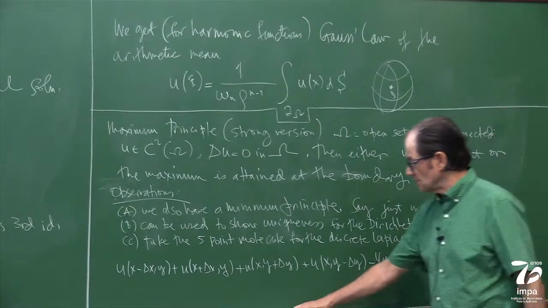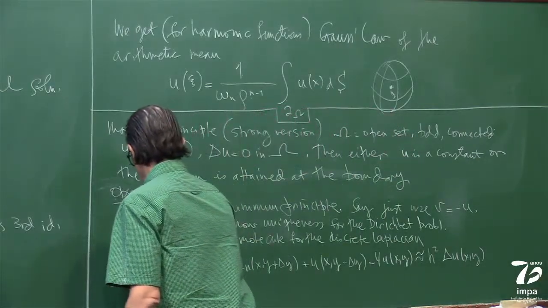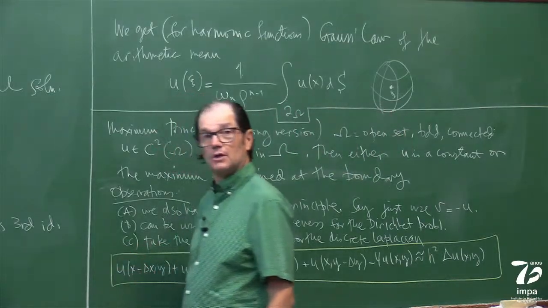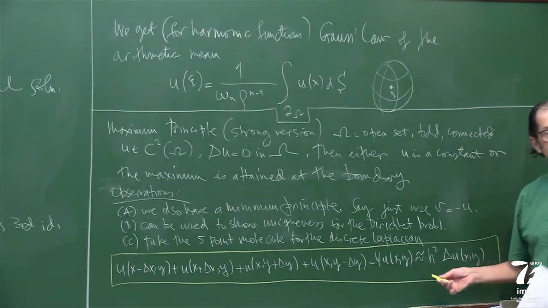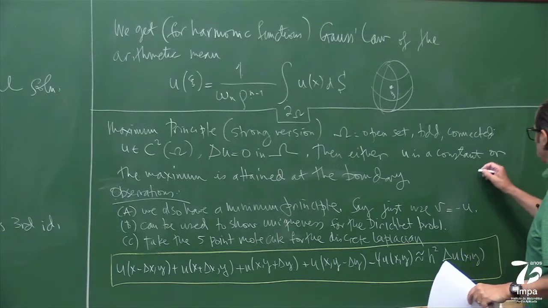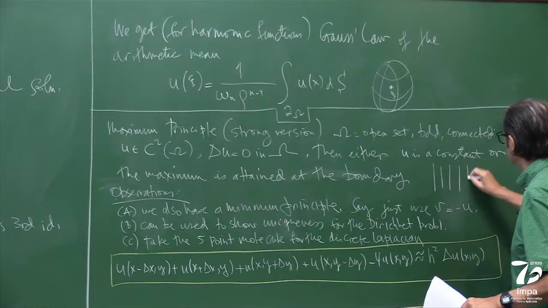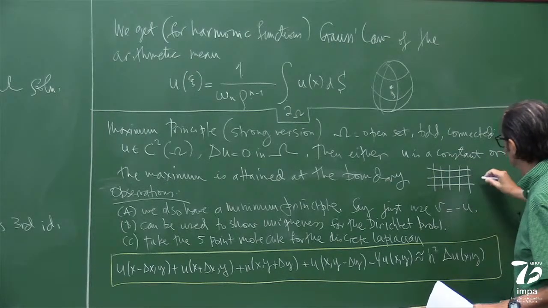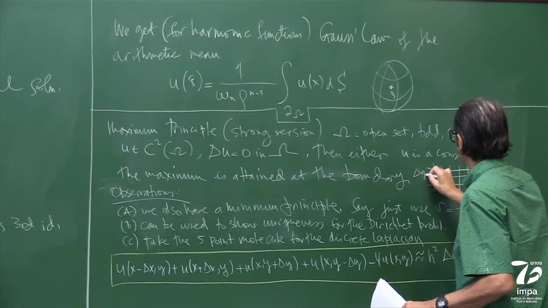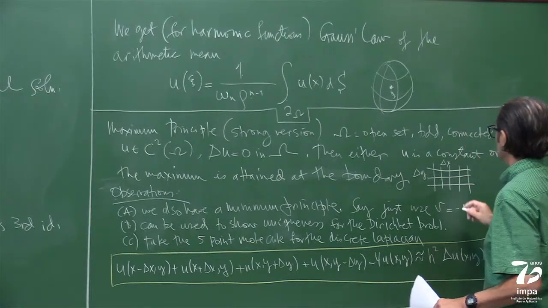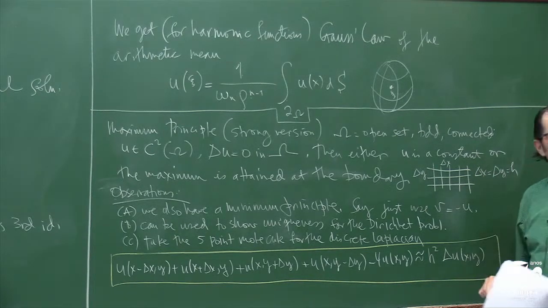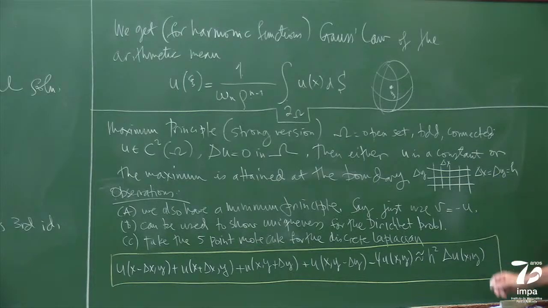This is an expression that gives us a numerical method to solve the Laplacian in the computer. The approximation is h squared times the Laplacian, h squared because we're on a grid like this, where this is delta y, this is delta x, and we're using the fact that delta x, delta y is equal to h, so it's a uniform grid, okay?